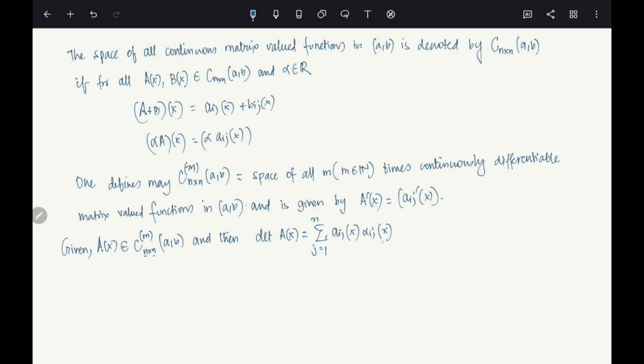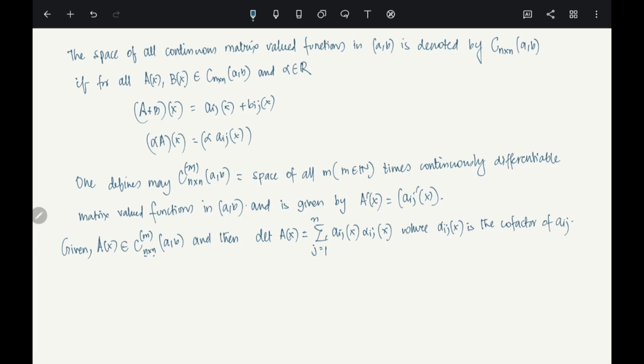And you see this alpha_ij(x) will essentially be your cofactor, where alpha_ij(x) is the cofactor of a_ij.